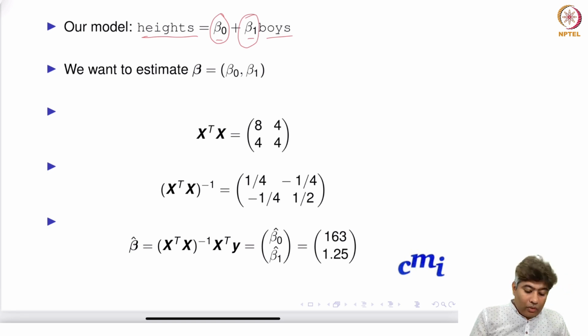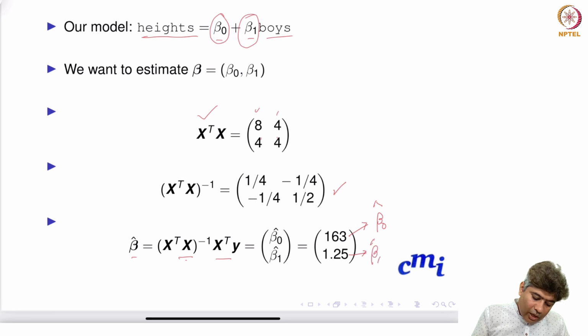So we first compute x transpose x, which gives me 8, 4, 4 and 4. Then x transpose x inverse is this. And then beta hat is x transpose x inverse x transpose y. We solve this, and this is our beta naught hat, and this is our beta 1 hat.